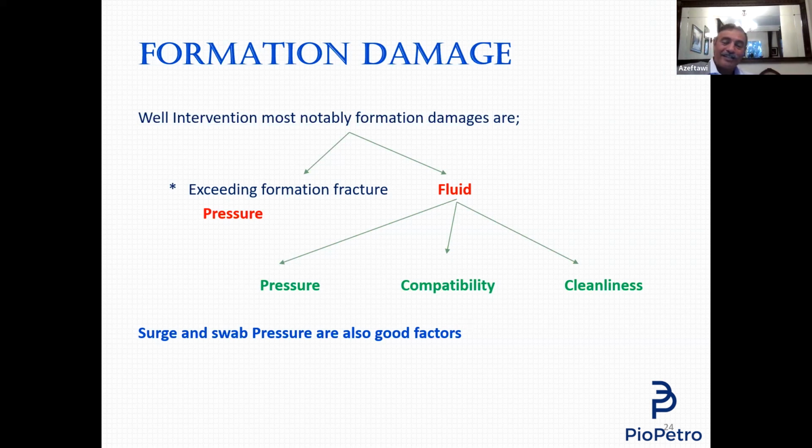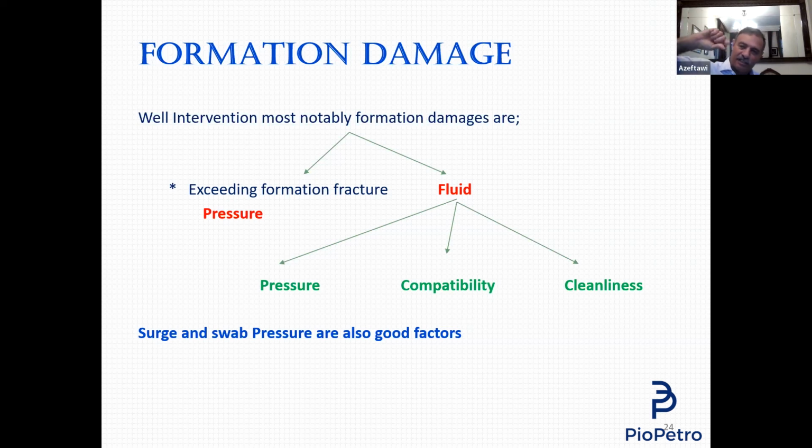Slow is the correct word in the oil field industry. The only time, as far as I know, the only time I read in an API standard quickly as a correct word, it is when we need to test, when we need to close the flowing valve.